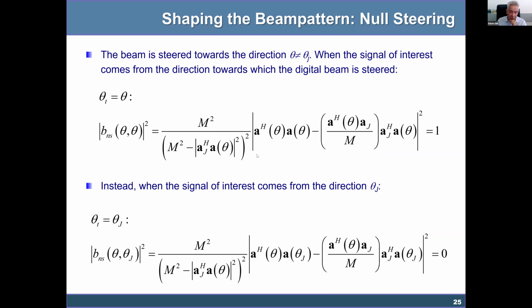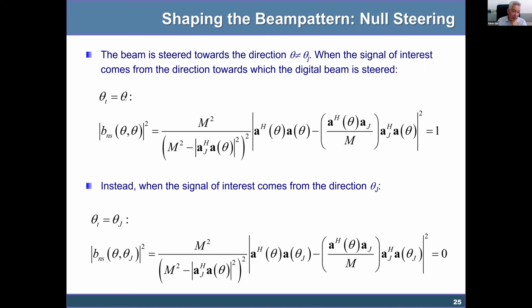The last comment: obviously, if you know that at this angle you have the interference, you never steer the beam towards the angle theta j. So the steering direction theta should always be different from theta j. Now, what happens?